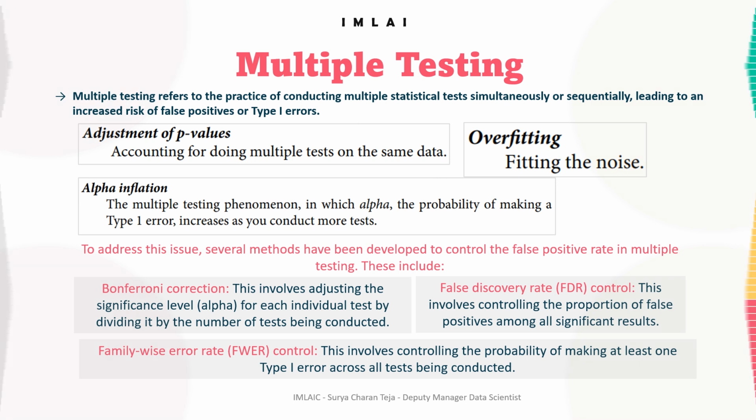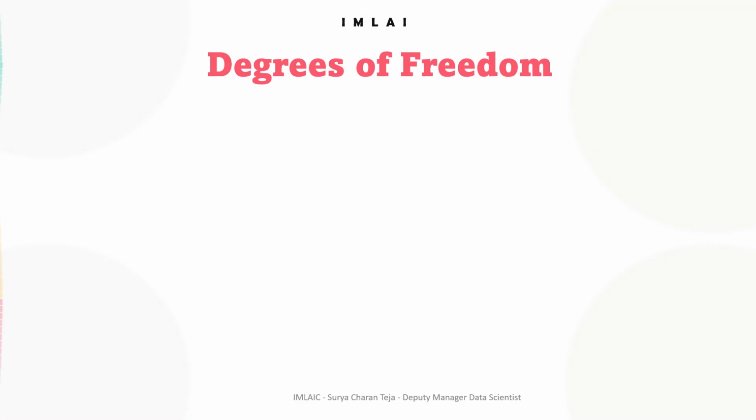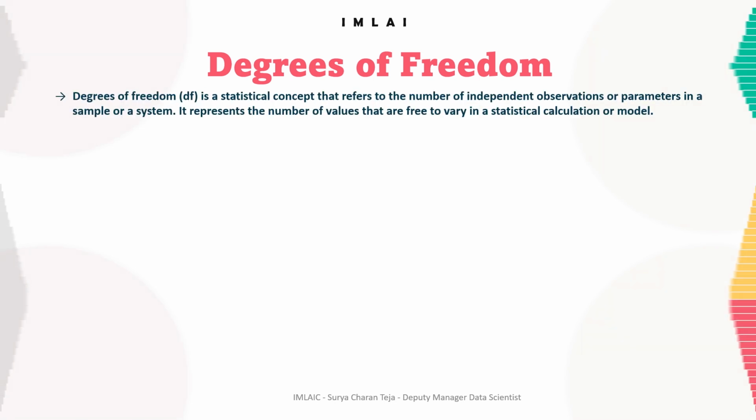Next, let's look into one more most important concept under types of significant tests, which is degrees of freedom. In the documentation and settings from many statistical tests and probability distributions, you will see a reference to degrees of freedom.